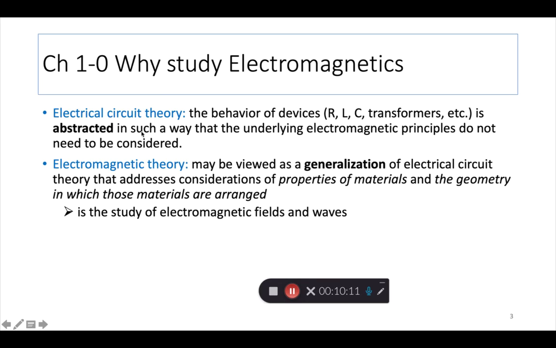So you can say that electric circuit theory, which we are familiar with, deals with the behavior of devices, R, L, C, transformers, etc., in an abstracted way. It is abstracted in such a way that the underlying electromagnetic principles do not need to be considered.